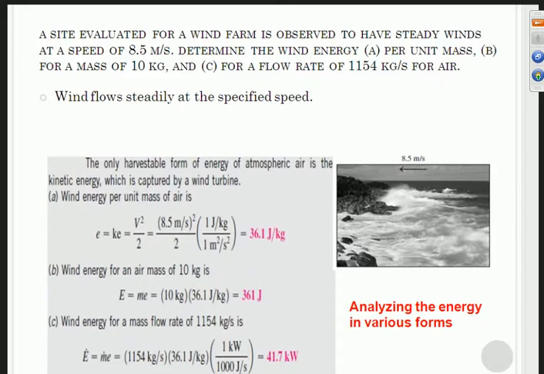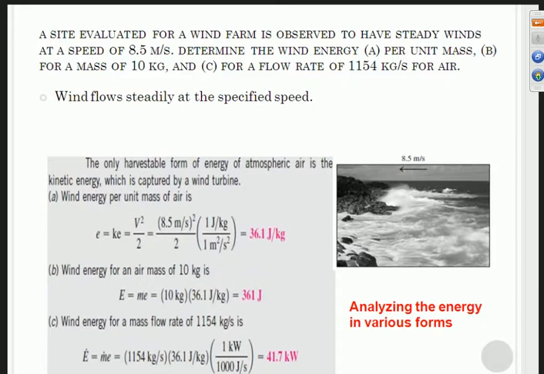Wind is moving, so we can consider it as kinetic energy. So small e represents e is equal to k is equal to half V square. As we are going to evaluate for unit mass, m is considered as 1, half m v square. So you will get a value of 36.1 joule per kg.